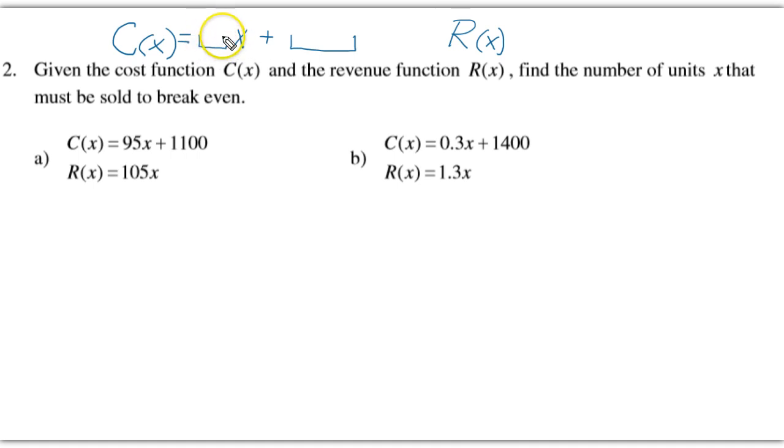So this is the amount it takes to produce the materials for this item you're producing, and this is the general fixed cost. Whether you produce items or not, this is what you have to pay for machinery and other things. So when you look at the cost function, it's set up in this pattern.